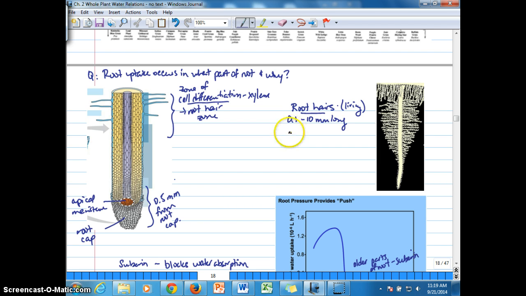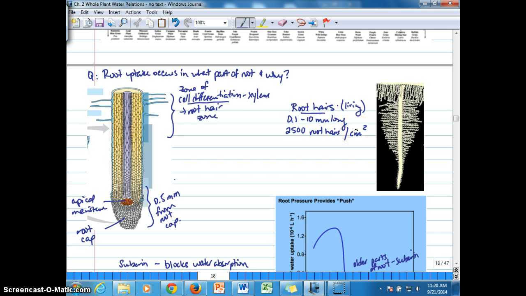Basically, with root hairs, we can have something like a density of 2,500 root hairs per centimeter square of root.